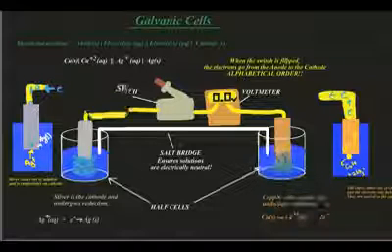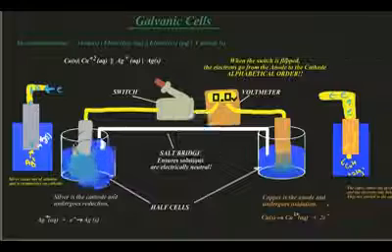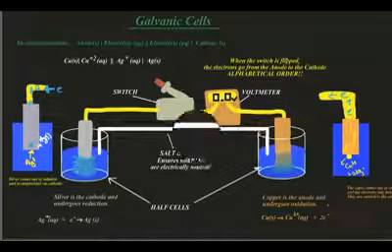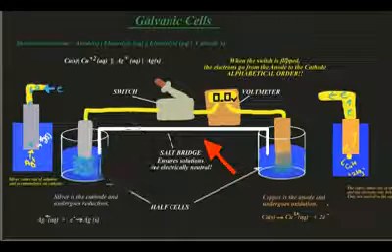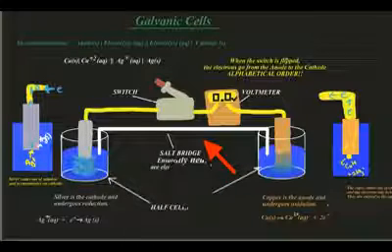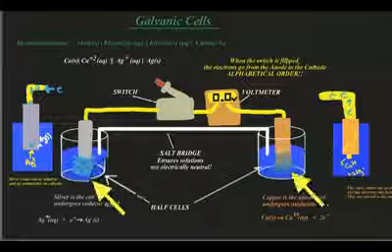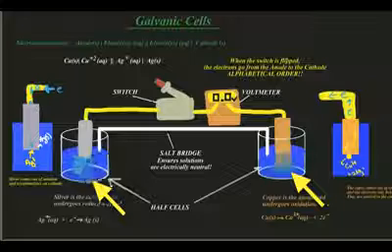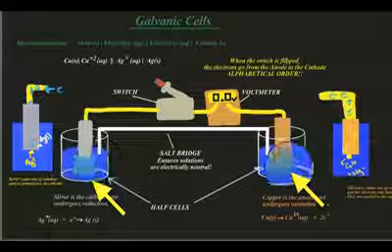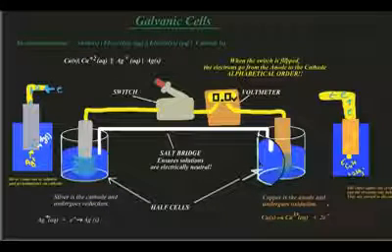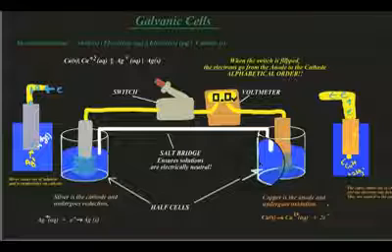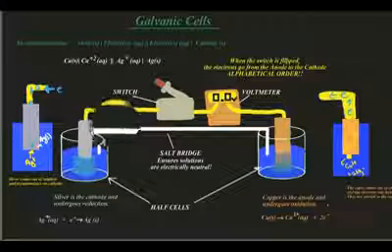Whenever we're looking at a galvanic cell, there will always be a salt bridge. And that salt bridge, along with these electrolytic solutions, are designed to keep your solutions neutral. So, what is a salt bridge?